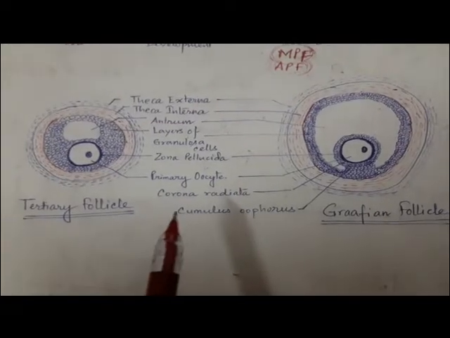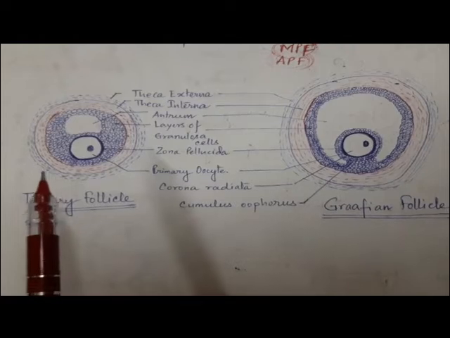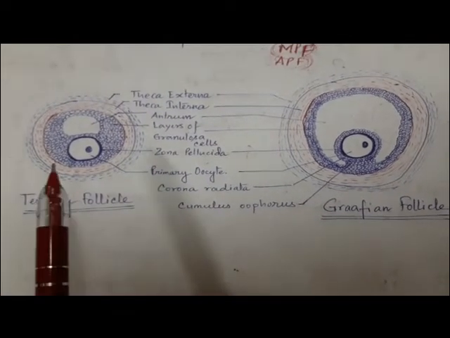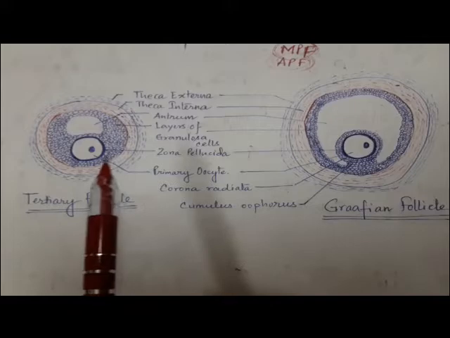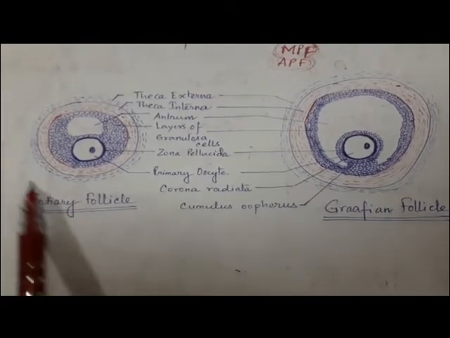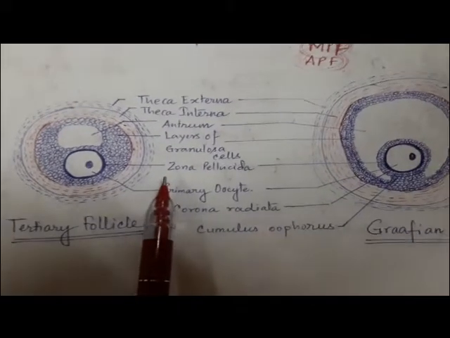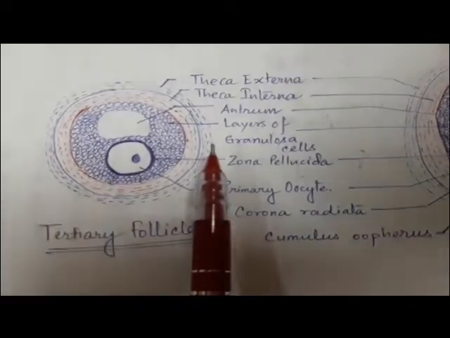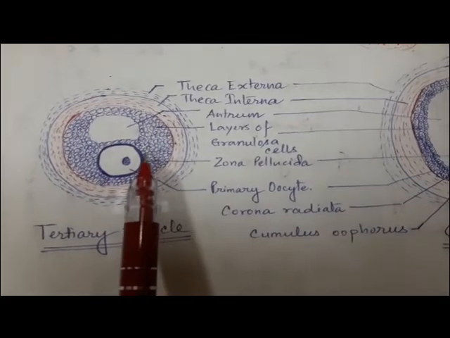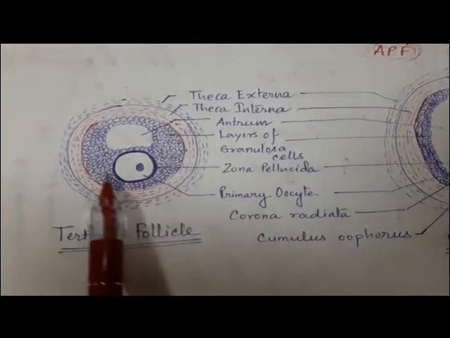Now, as we have already seen, the transition of primary follicle to secondary follicle, secondary to tertiary, this is the exact structure of the tertiary follicle, right? Now, if you see the structure closely, the tertiary follicle has granulosa cells present all around the structure.